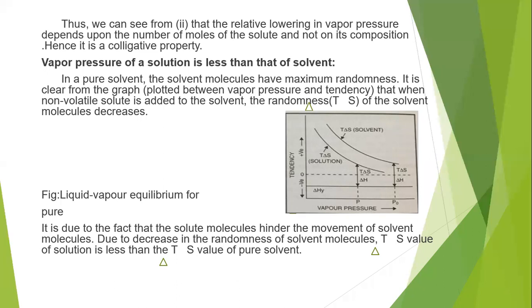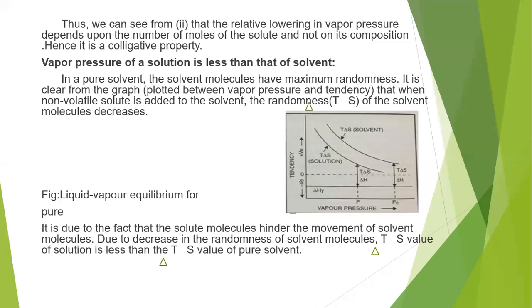It is clear from the graph. How can we draw that graph? We have to plot a graph between vapor pressure and the tendency of the molecules. When a non-volatile solute is added to the solvent, the randomness of the solvent molecules decreases. In a pure state, the molecules present in a solvent are freely movable, which means the randomness is very high.